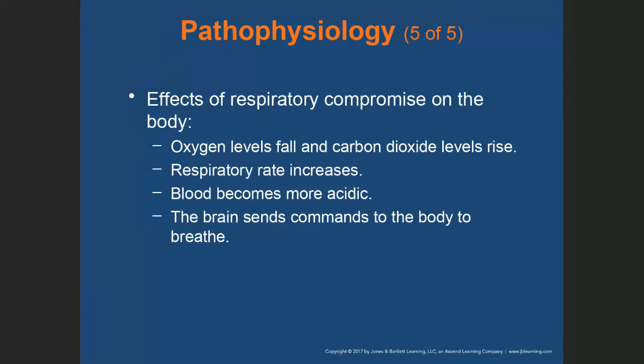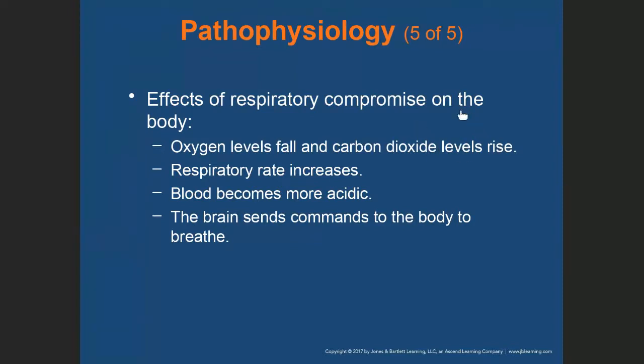All right, now effects of respiratory compromise on the body. The oxygen levels fall and the carbon dioxide levels will rise. When we have low oxygen, that is referred to as hypoxia. When we have excessive carbon dioxide, that's hypercarbia.